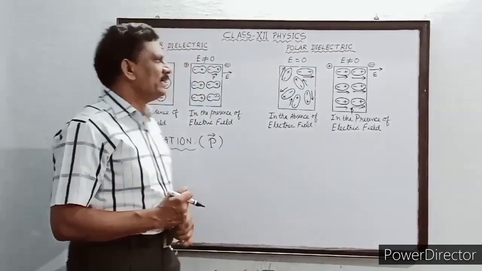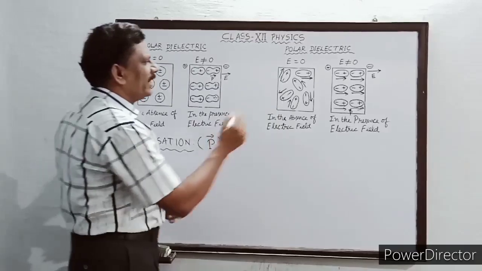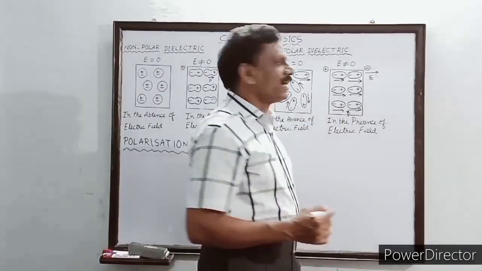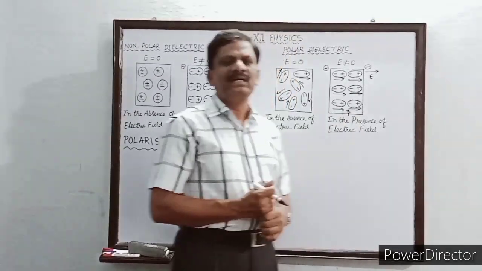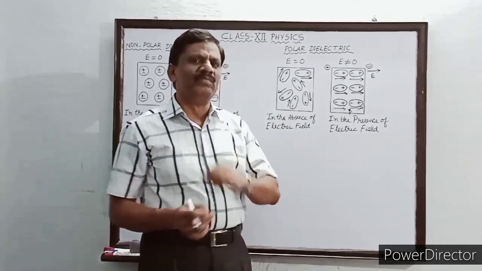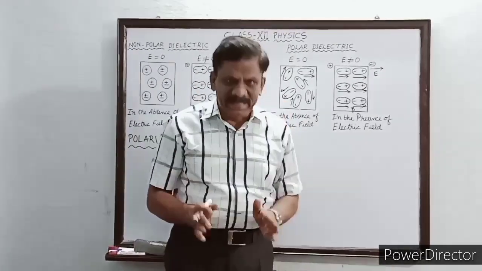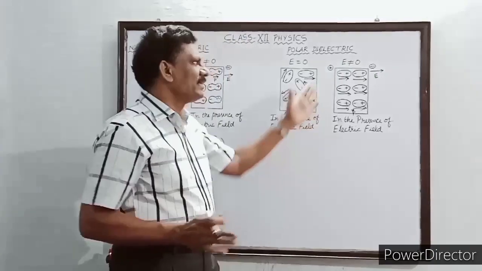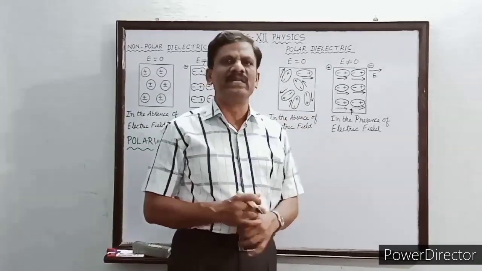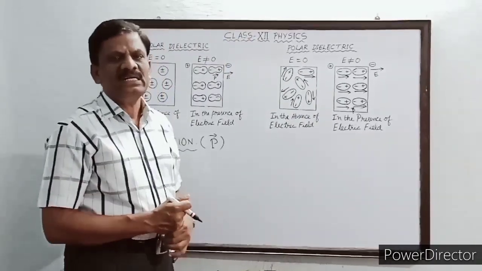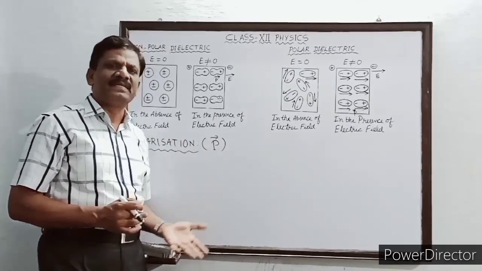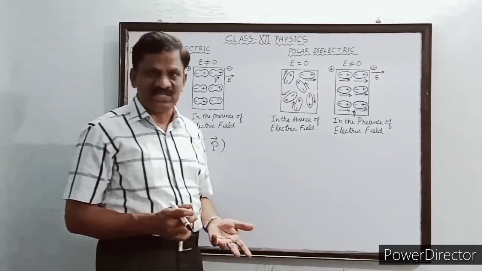If you divide the electric dipole moment acquired by a dielectric by its volume, then the dipole moment acquired by the substance per unit volume is called the polarization vector. It is also called electric polarization or dielectric polarization.